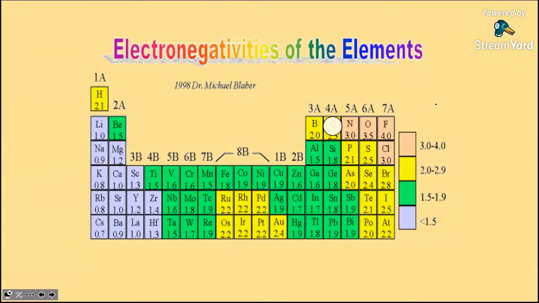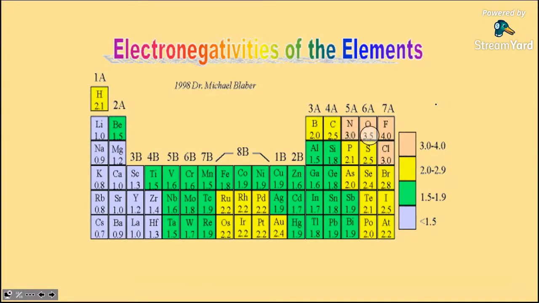Compare if I take carbon to oxygen, 2.5 to 3.5. Well, that's just an electronegativity difference of 1. That means I'm going to have a polar bond. If I look at nitrogen to oxygen, 3.0 and 3.5, electronegativity difference of 0.5.